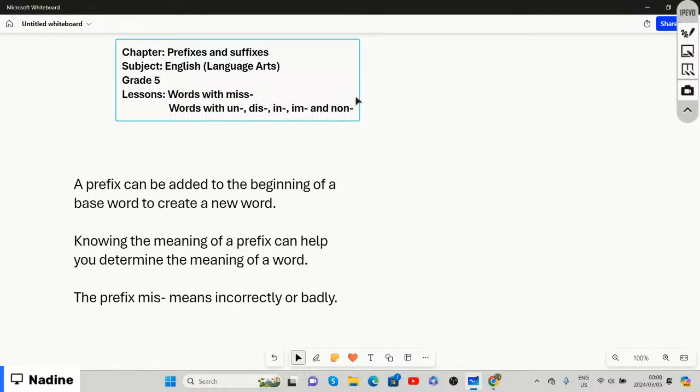You have your base word, and as soon as you add one of these prefixes to it, it changes the meaning of that word, or creates a new word with its own meaning.